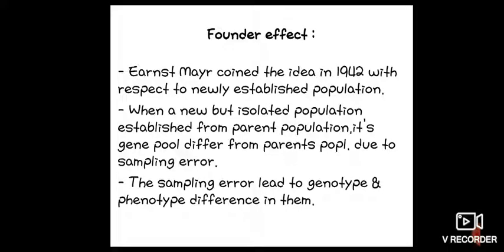So these differences from the parent to the next new generation are due to sampling error. Now, various evolutionary forces acting independently in the two populations further increase these differences in the gene pool.